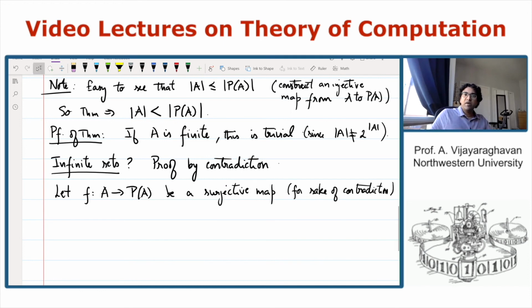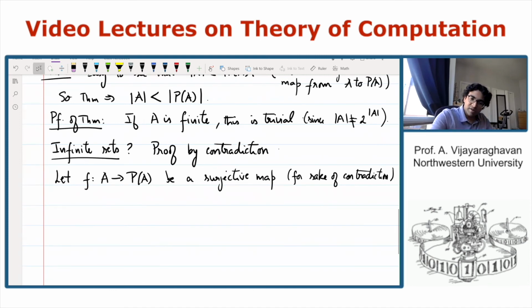Now what we're going to do is come up with a set. So remember what a surjection means. We have this map that goes from A to the power set of A, and it means that every element in the power set will have at least one incoming arc, potentially many.